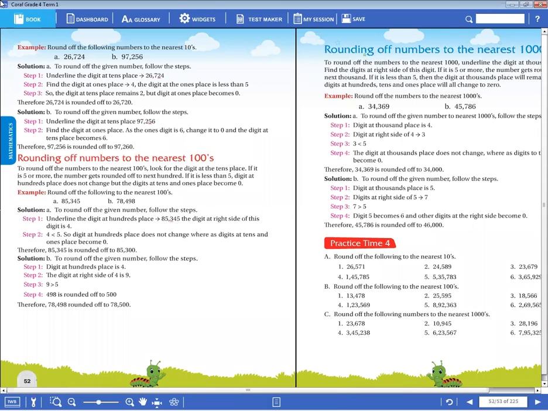Now you have to find out the nearest hundreds. Now 13,478. What is the nearest hundreds here?